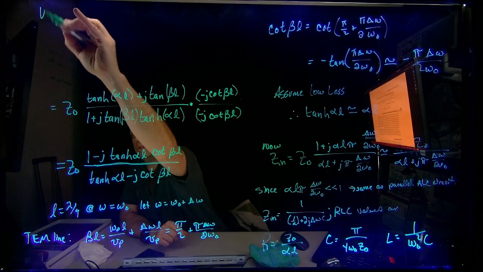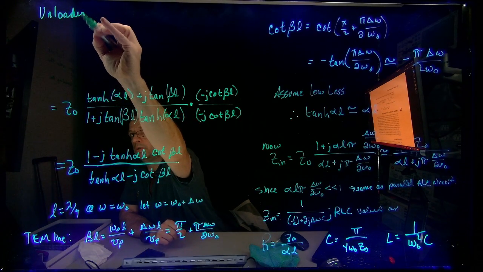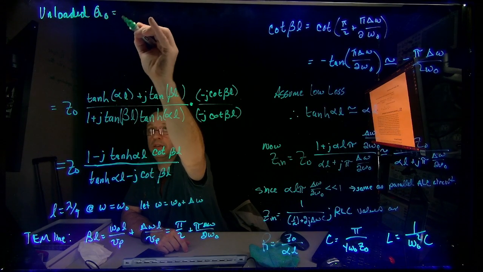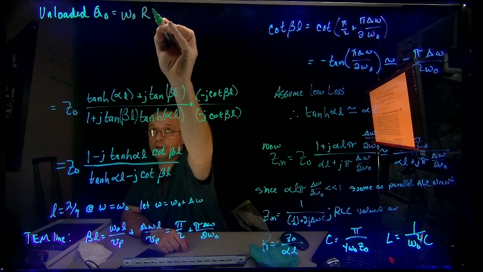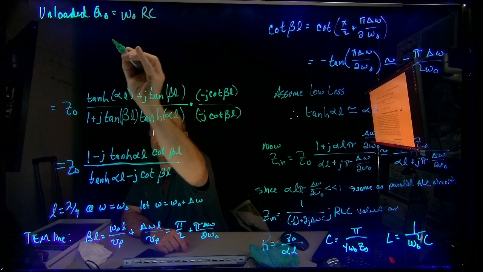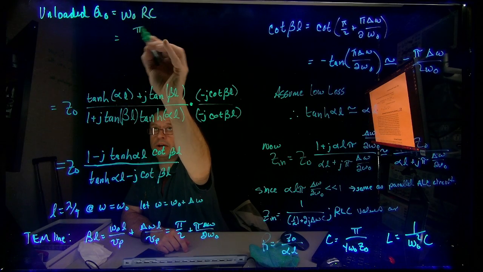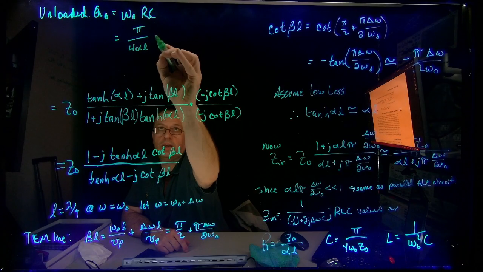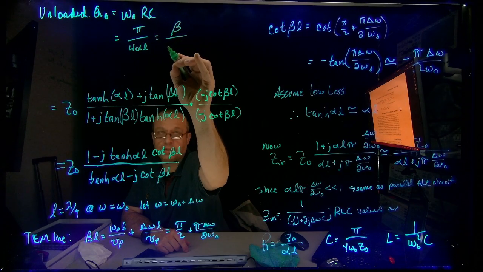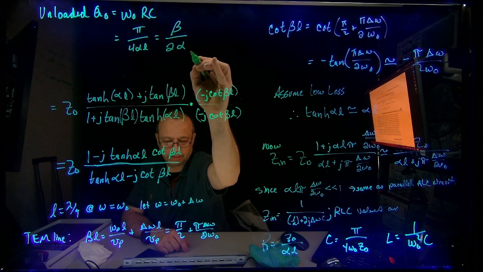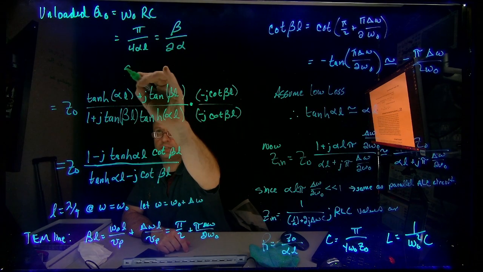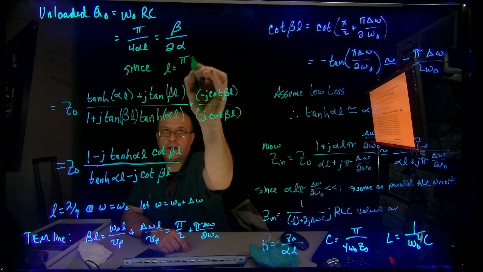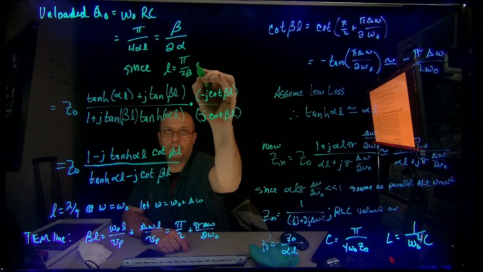So our unloaded Q, that's our Q naught value, is omega naught RC, and this is equal to pi over 4 alpha L, and then this is beta over 2 alpha, and this is true since L equals pi over 2 beta at resonance.